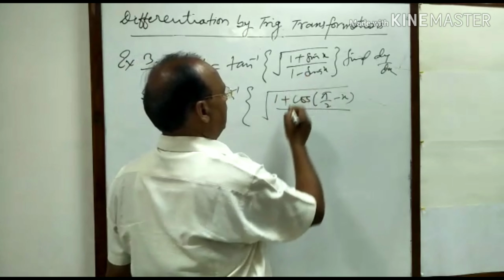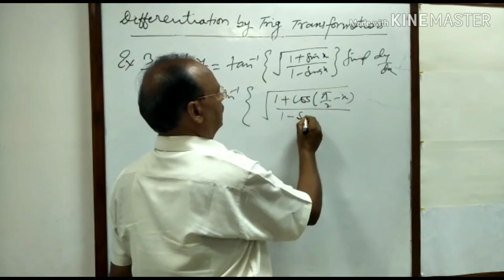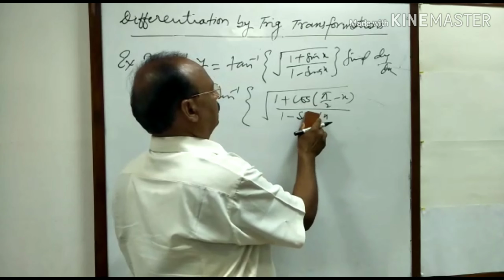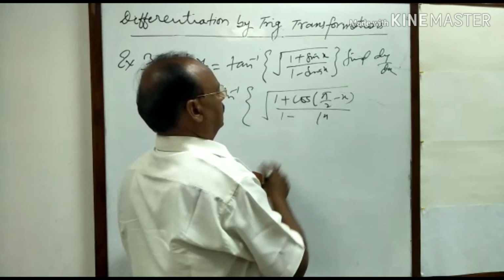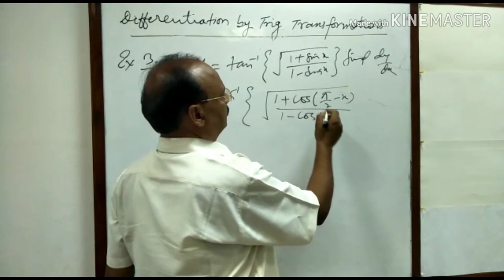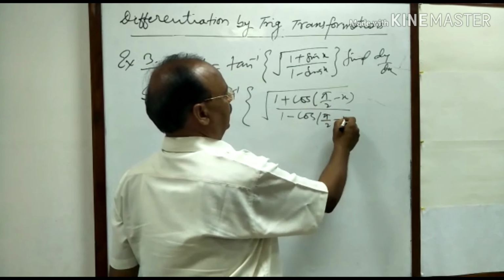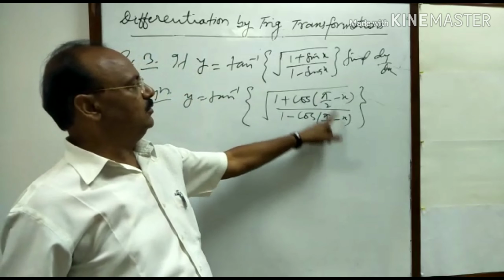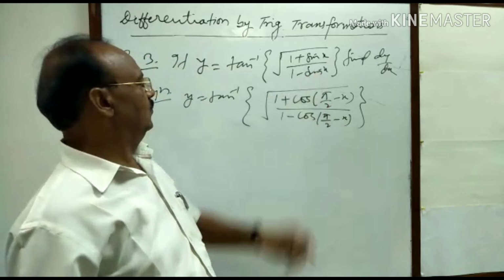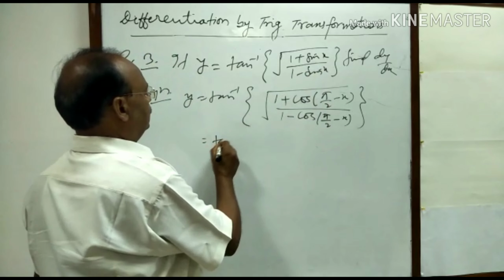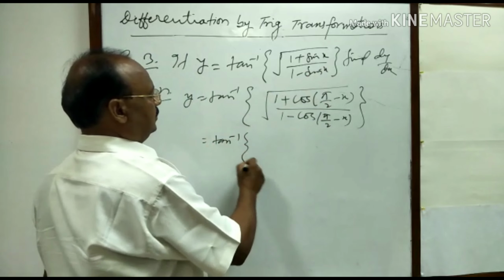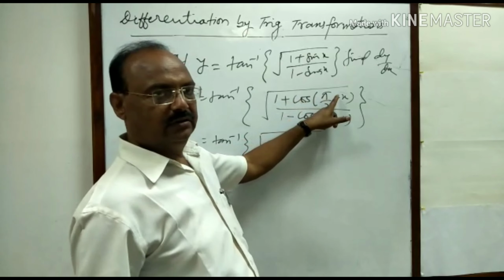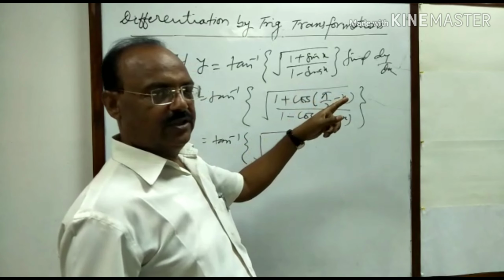And similarly, this can be written as 1 minus, sorry, we'll write here cos of pi by 2 minus x. So cos of pi by 2 minus x is equal to sin x. And this is equal to tan inverse root over 1 plus cos theta, which is 2 cos square theta by 2.